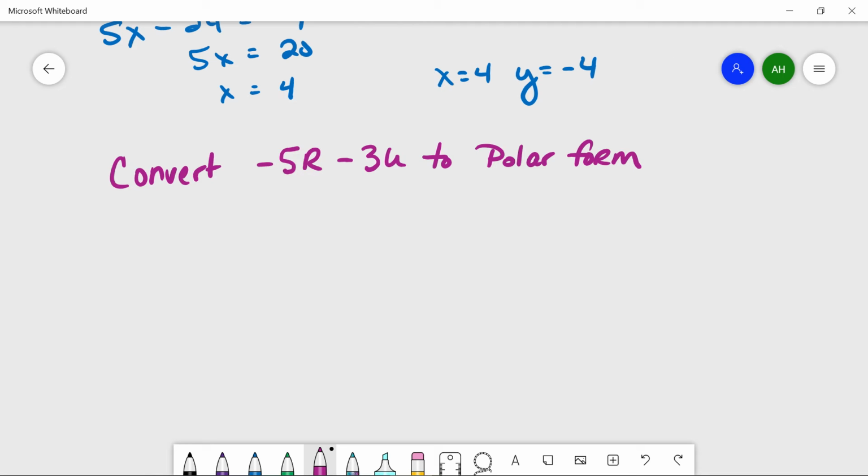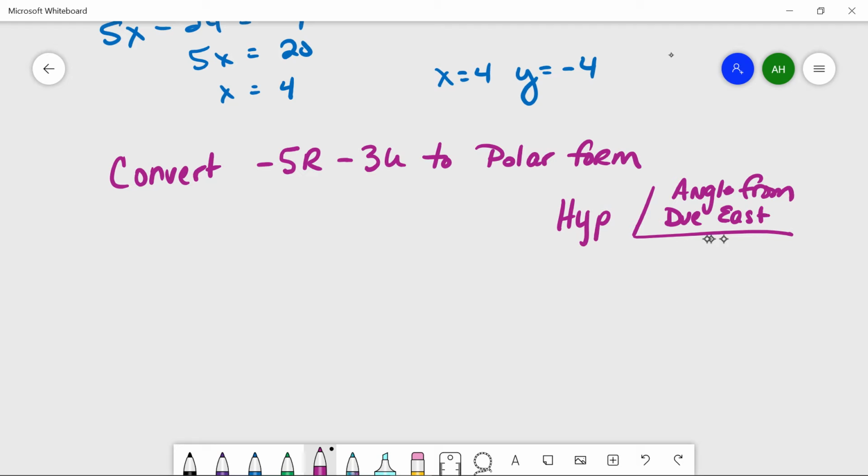Okay, so remember that this is rectangular form, and we want to change it to polar form. Okay, and remember with polar form, we're going to have this right here, and this out here is going to be the length of our hypotenuse. Okay, and this right here is the angle from due east.